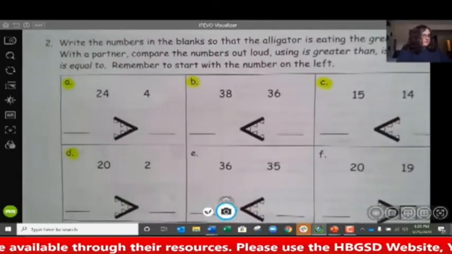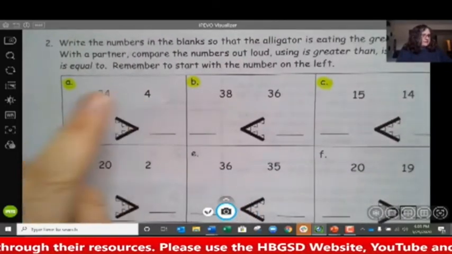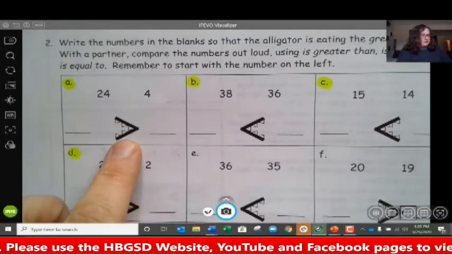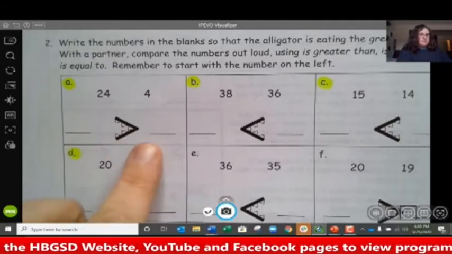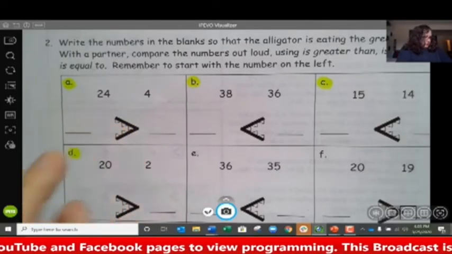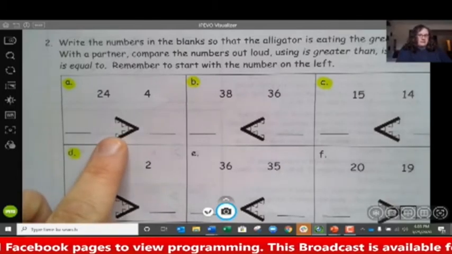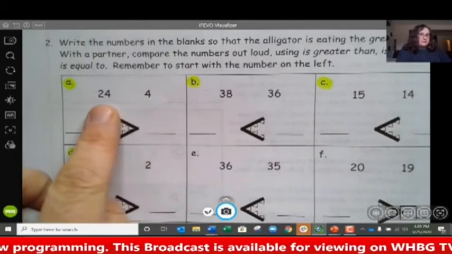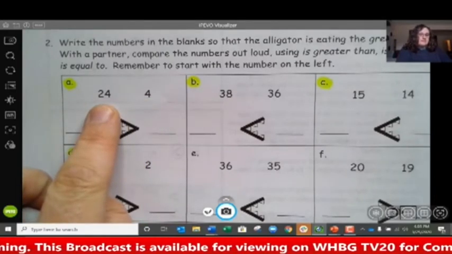In the bottom, each box has 2 numbers, an alligator picture or a greater than or less than symbol, and 2 blanks. So in this one, we see the alligator's mouth is pointing this way, showing it's greater than. We need to look at the numbers and decide which one is greater than the other.